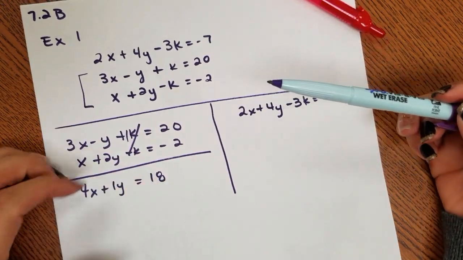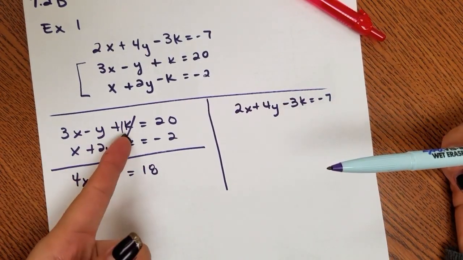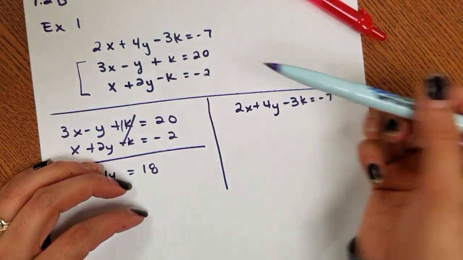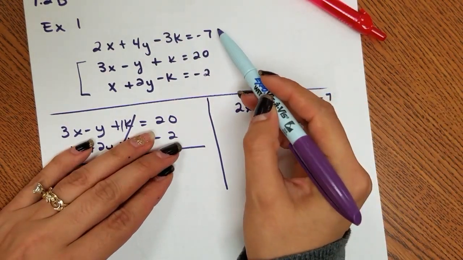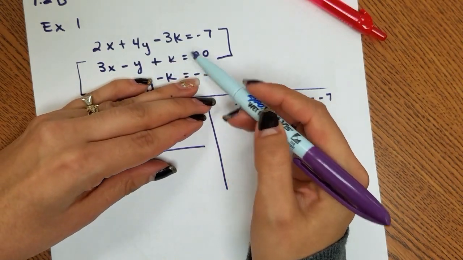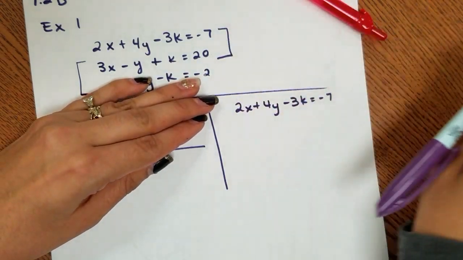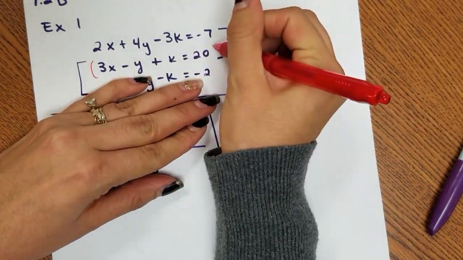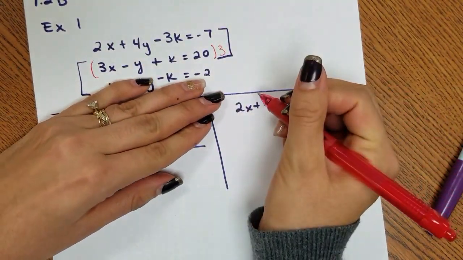Now, we have to eliminate the same variable. Since we eliminated k over here, we're going to have to eliminate the k from this one. So, since this is a negative, I'm going to choose this second one here because this is already a positive, and all I'm going to have to do is multiply it by a 3 so that I can get the same coefficient. So I'm going to go ahead and do that.